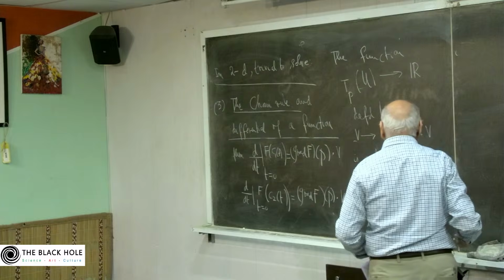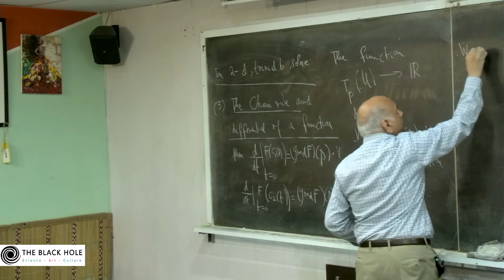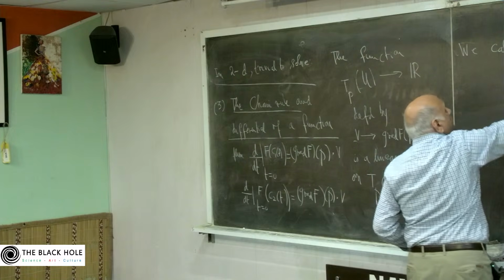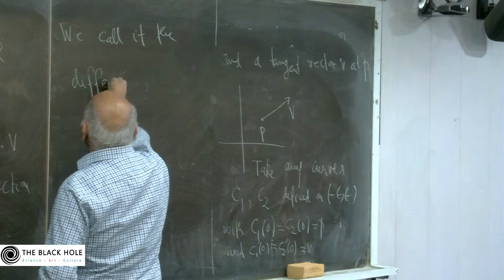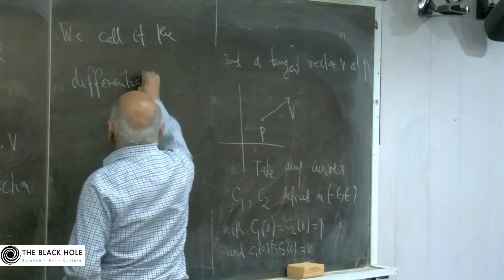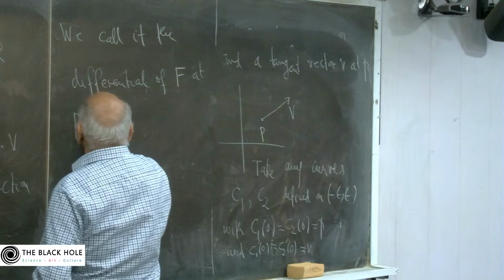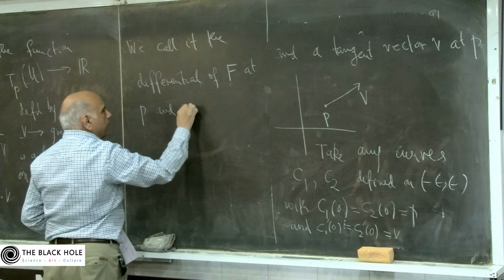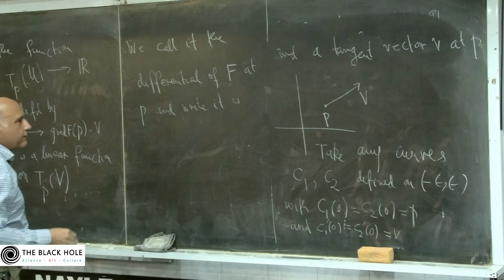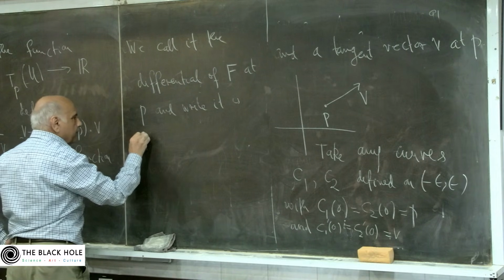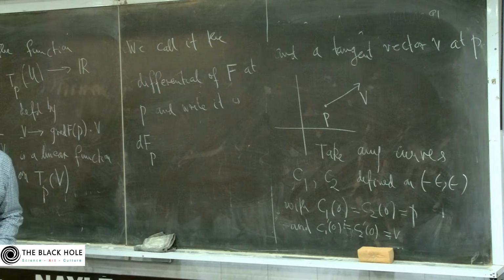So we call it the differential of f at p and write it as df p. Okay.